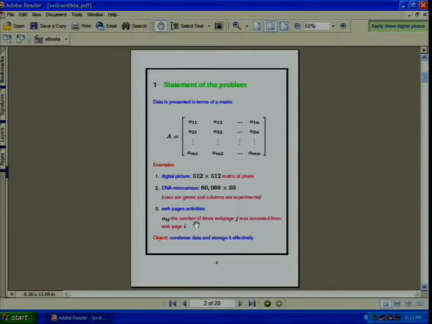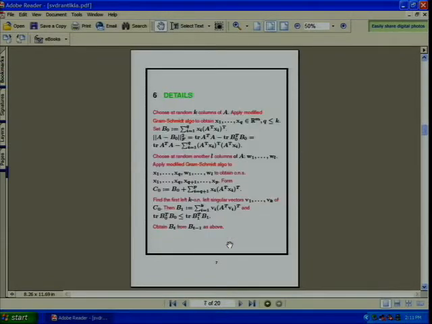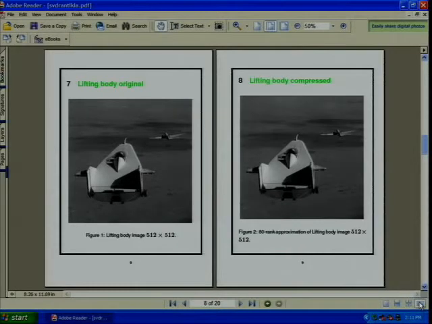That would be a very big matrix, of course. So how about we condense the data and store it effectively?